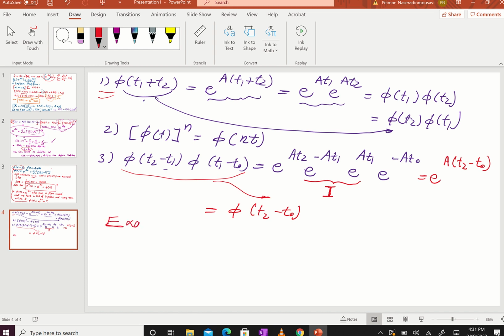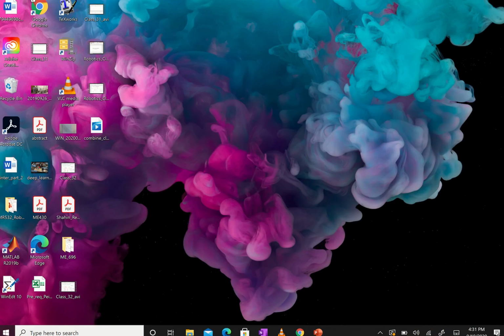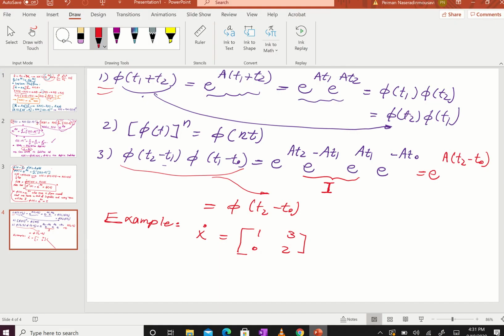Example. Suppose you have x dot equal to the matrix [1, 3; 0, 2] times x.